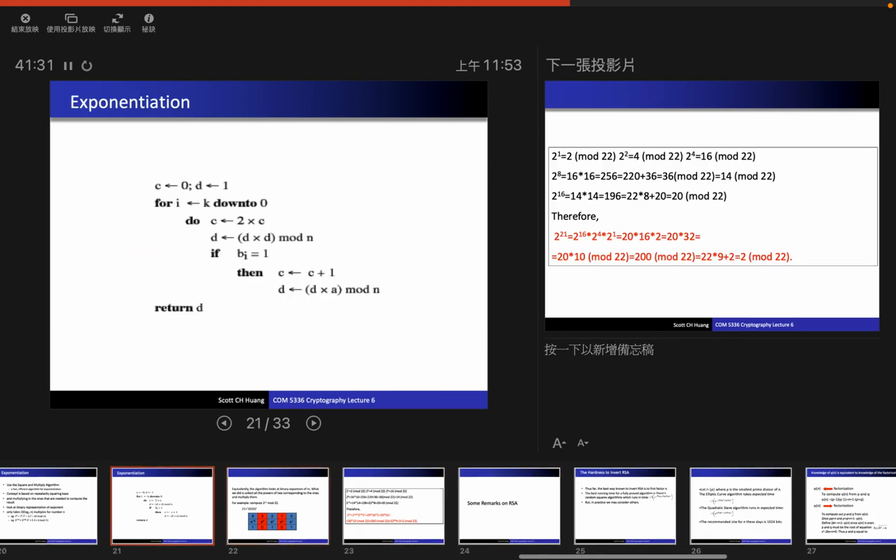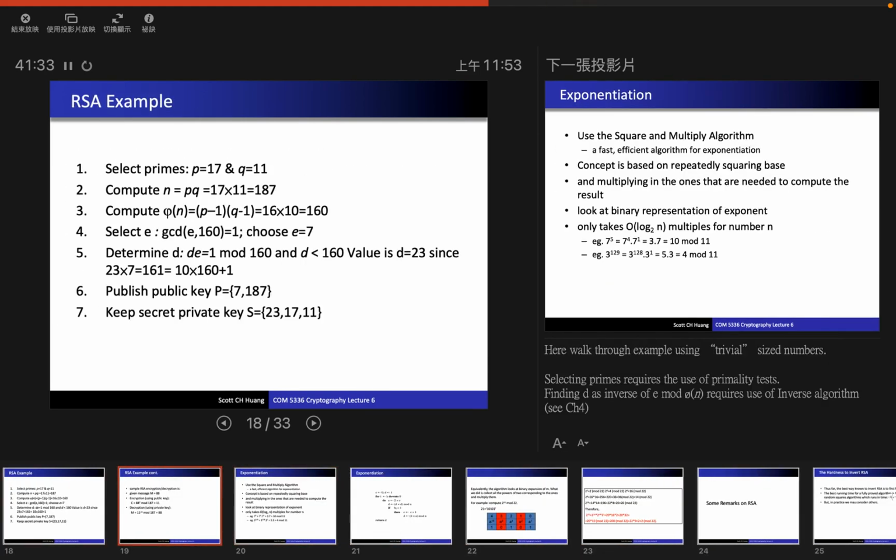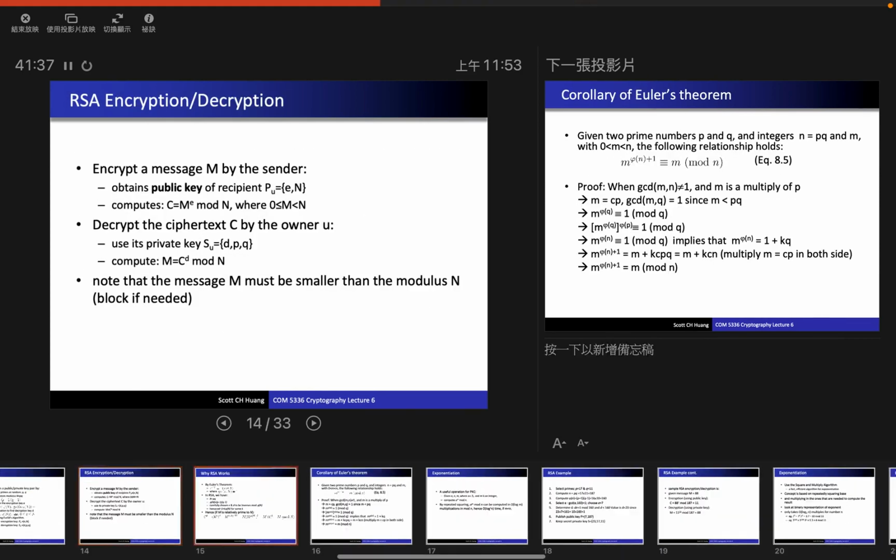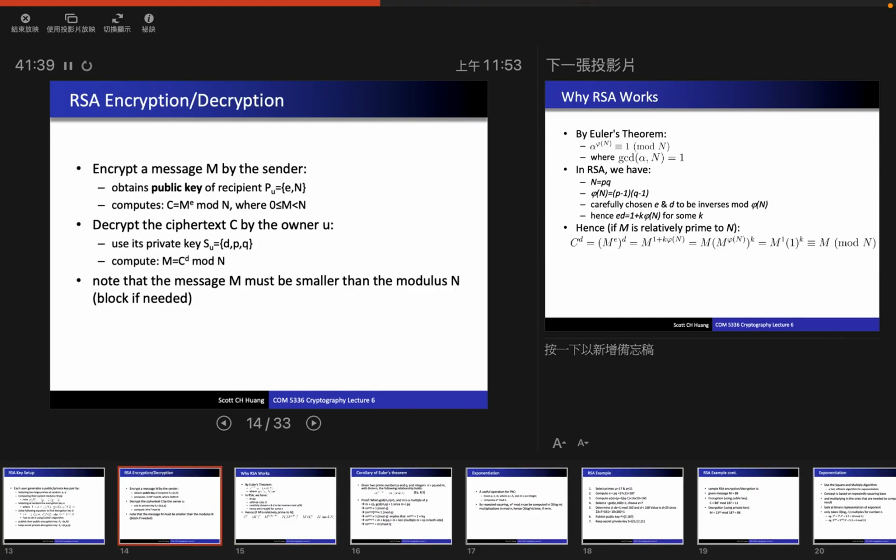The algorithm is here. The decryption, because N is public and the ciphertext C is known, you only need D to convert it back, right?